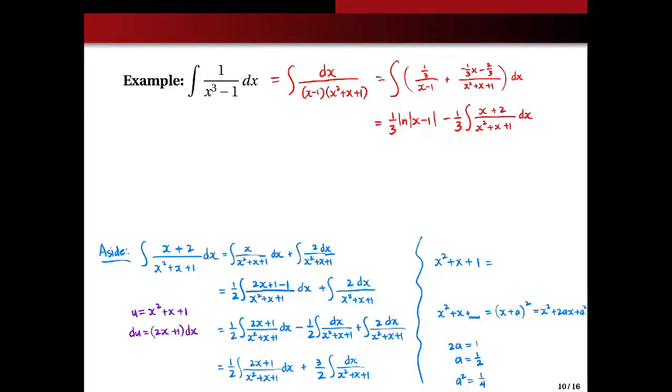And therefore, using these facts, this is x squared plus x plus 1/4 plus 3/4. And now this guy here is precisely this, which is this guy.